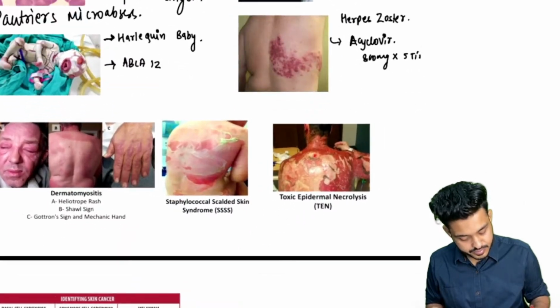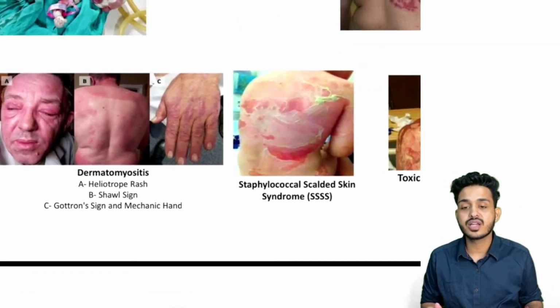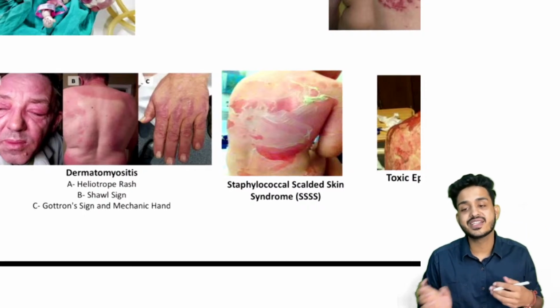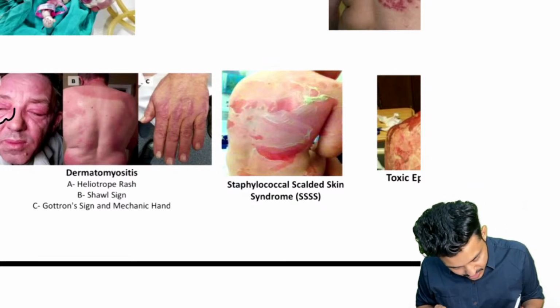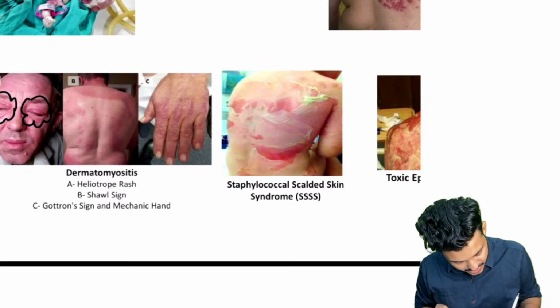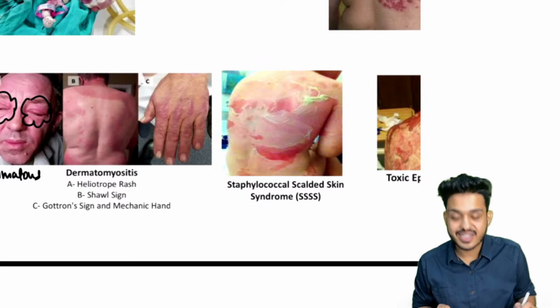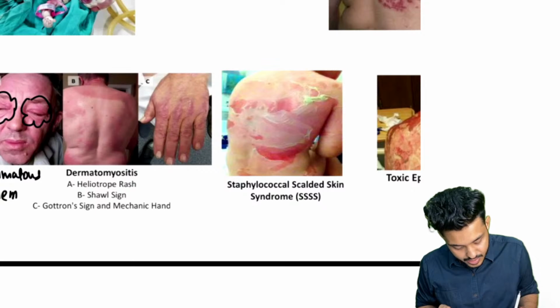Okay, this one is your dermatomyositis. Derma means skin, myo means muscle, itis means inflammation. Look here, there will be heliotrope rash. What is heliotrope rash? It is erythematous edema around the eye.